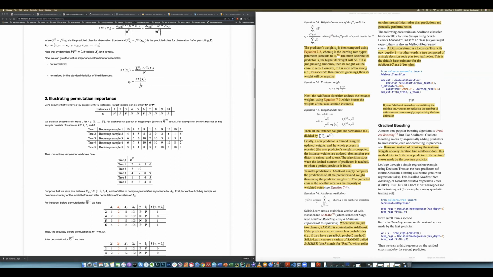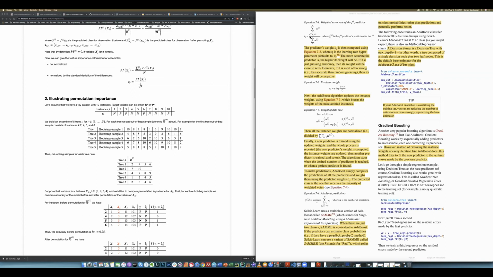The denominator is just the sum of all of the weights of the training instances. So in a sense, you normalize the error that the model has made across all training instances. And generally, if a predictor is more accurate, you will find that its weight will be higher.